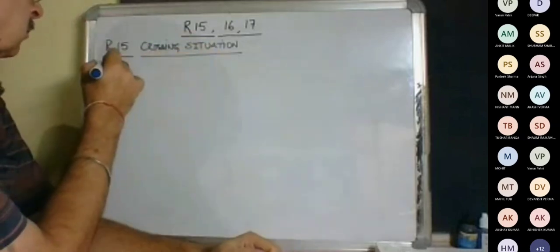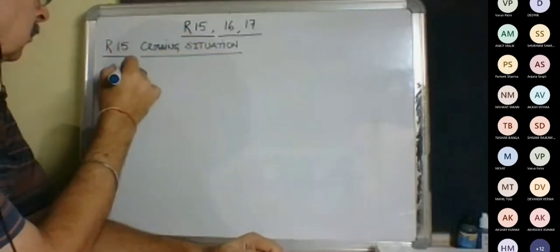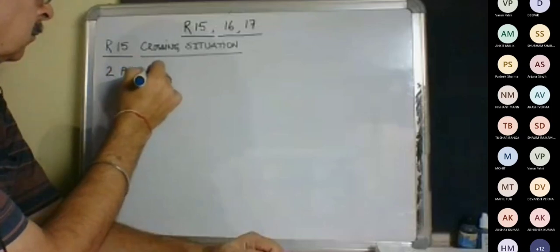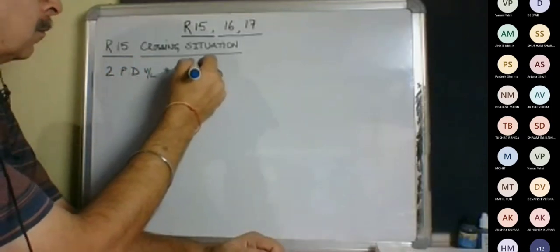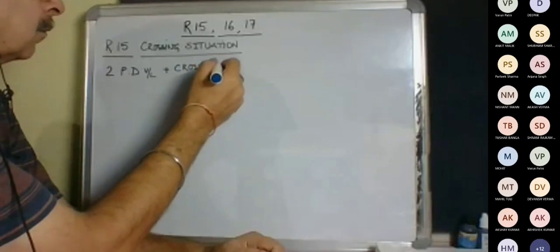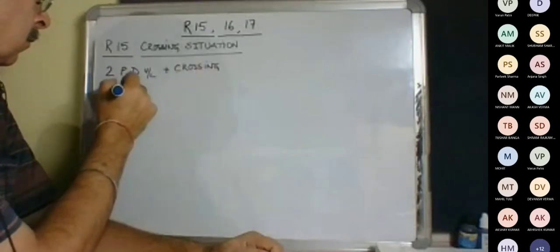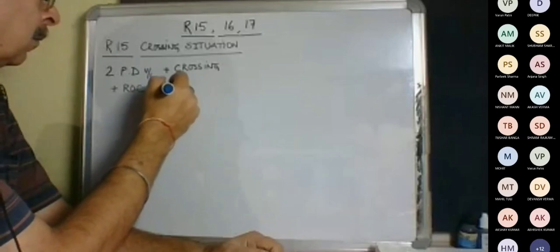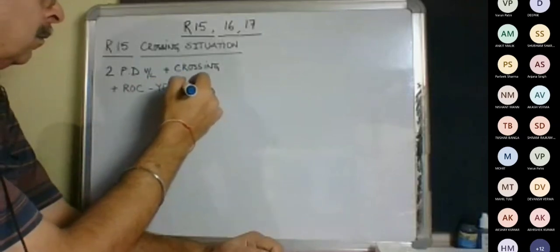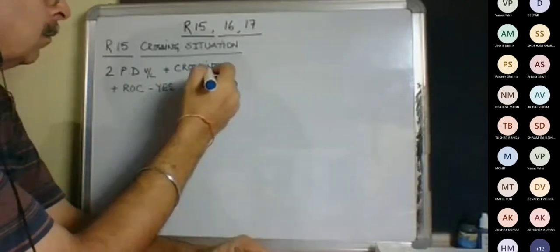When two power-driven vessels are crossing so as to involve risk of collision, the vessel which has the other on her starboard side shall keep out of the way and shall, if the circumstances of the case admit, avoid crossing ahead of the other vessel.